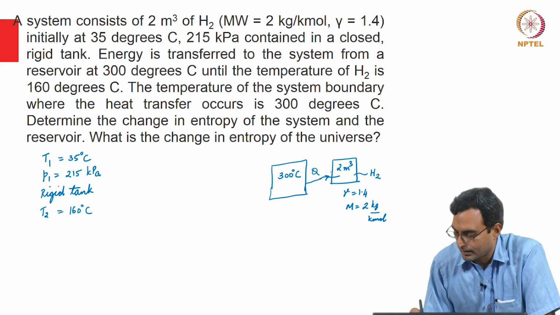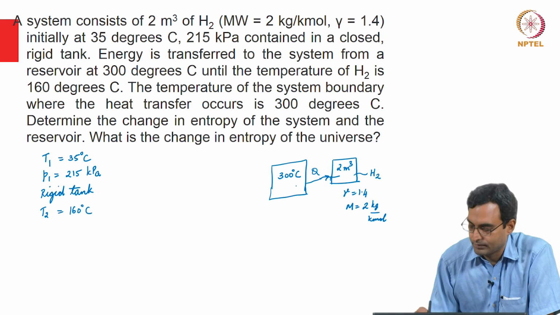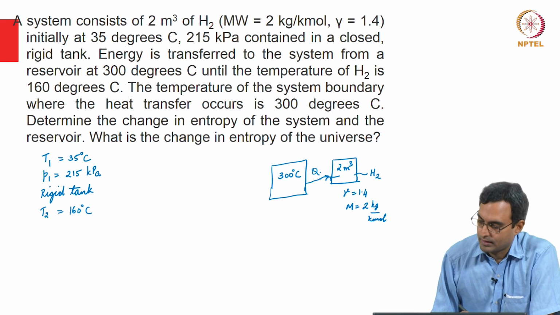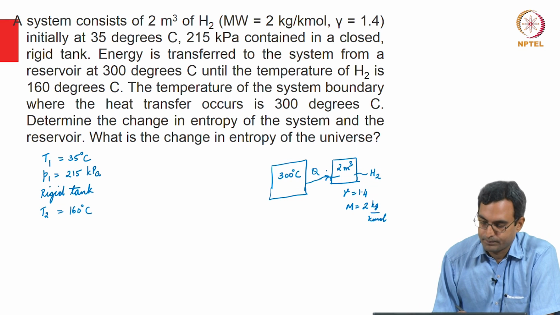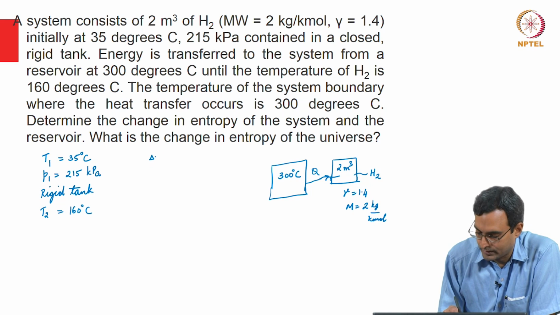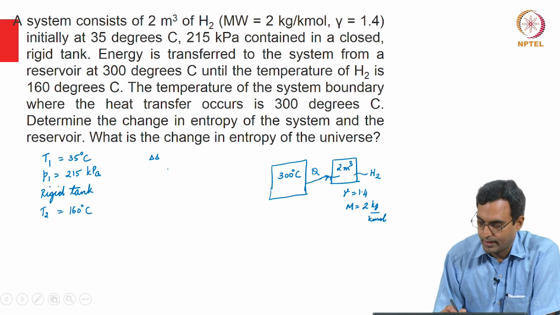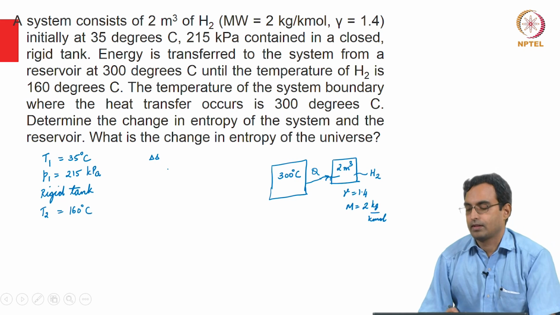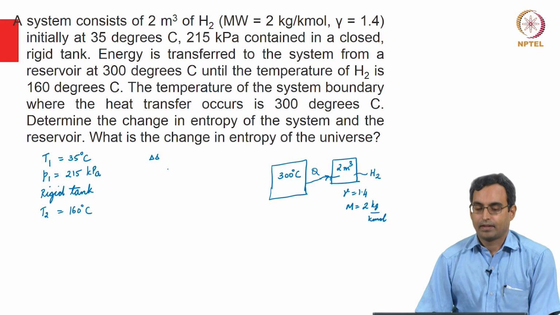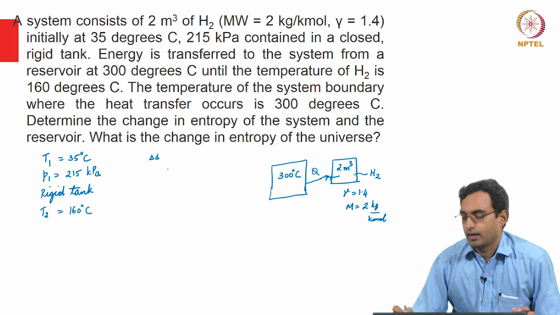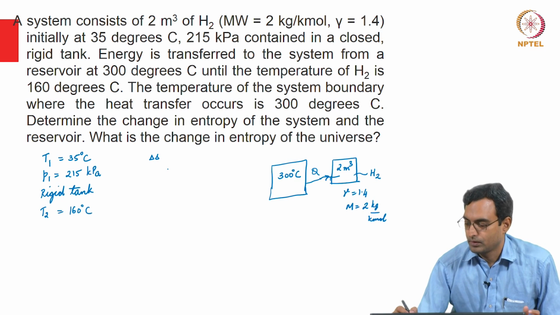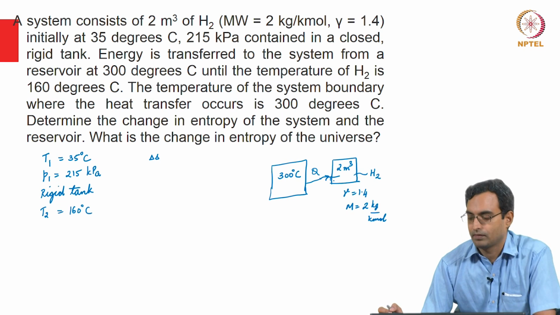So the boundary here is at 300 where the energy transfer occurs. We are asked to determine the change in entropy of the system and the reservoir and the change in entropy of the universe. So we are asked to find this. So I want to find out the change in entropy of the hydrogen first.